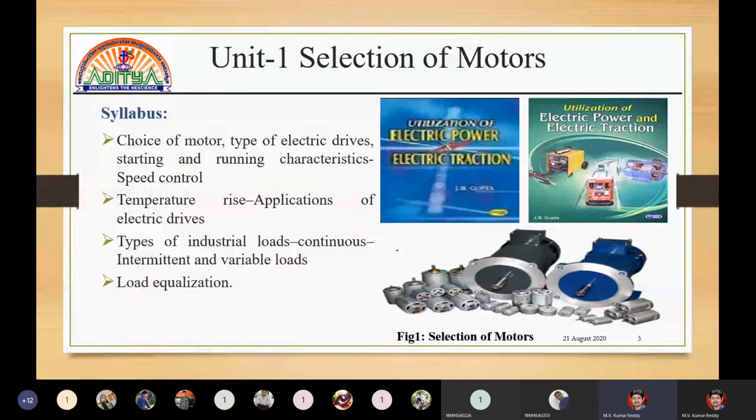Next, unit 1. This unit 1 is mostly followed from J.B. Gupta.